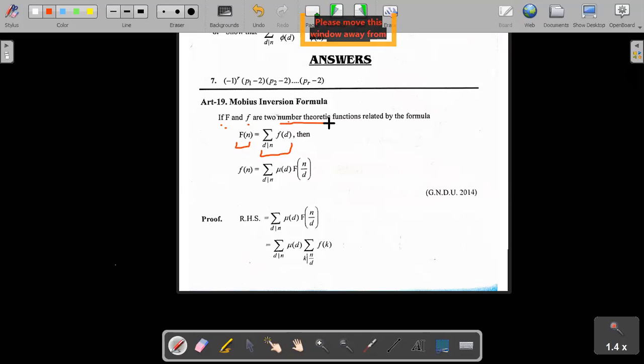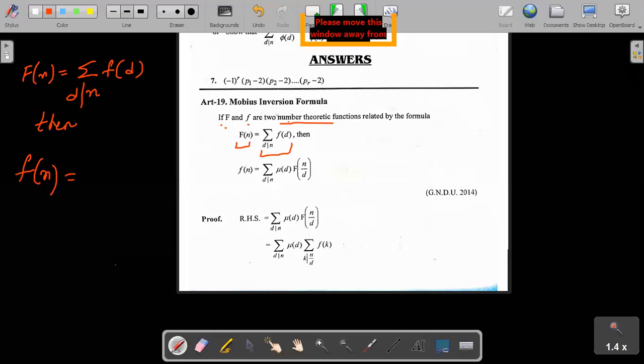So if they are related by this relationship, if capital F of n is summation d divides n f d, then the Mobius inversion formula gives us a way by which we can find small f using capital F.